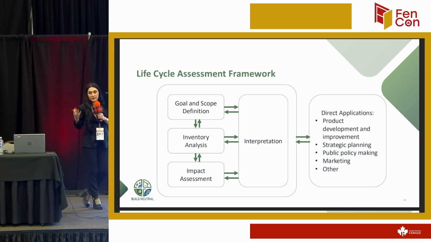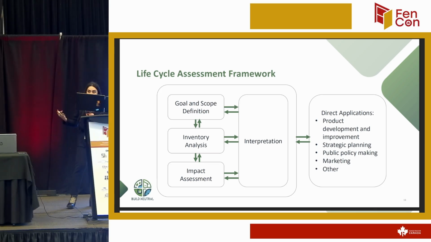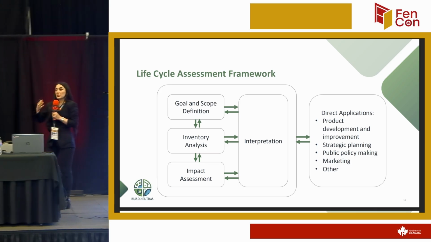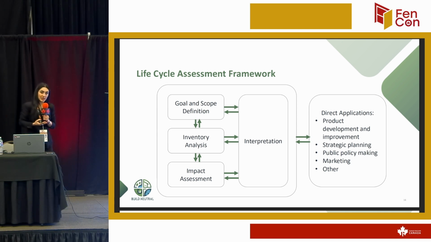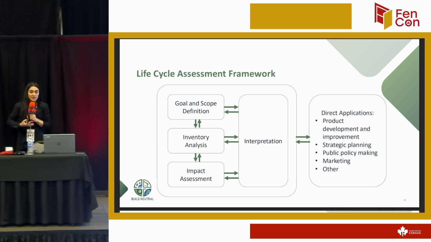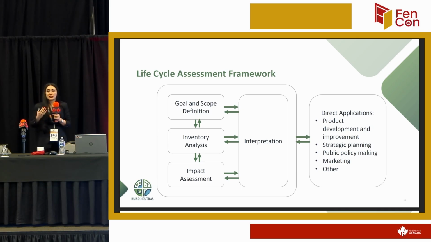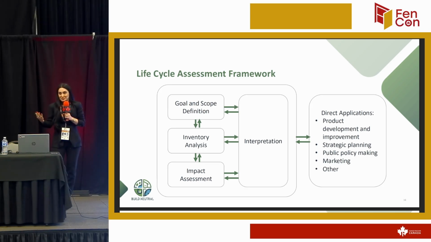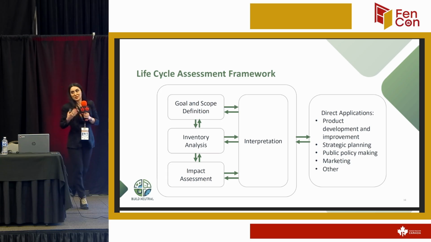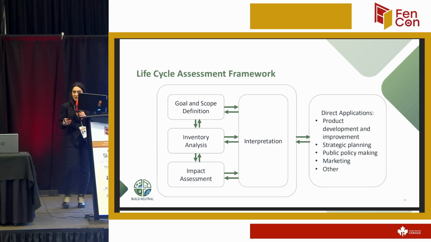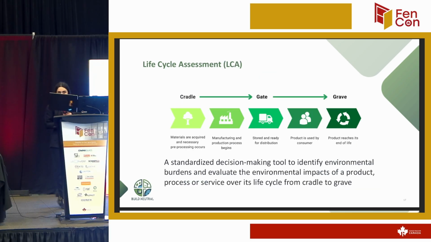And at the end, we have life cycle interpretation, interpreting the result based on the goal and scope, the assumptions, the limitations, and the quality of your data. If we didn't have access to all the data, are we using secondary data? From where? These all have to go into the report because this is a model, right? And the more transparent you are when you are modeling, the better.